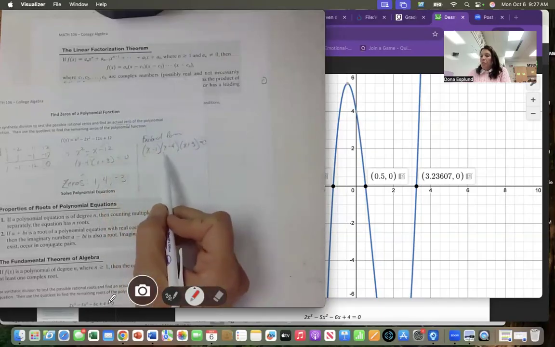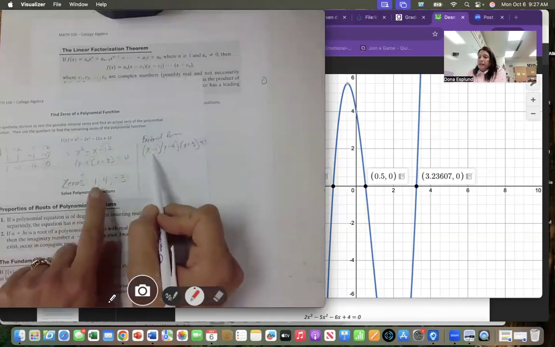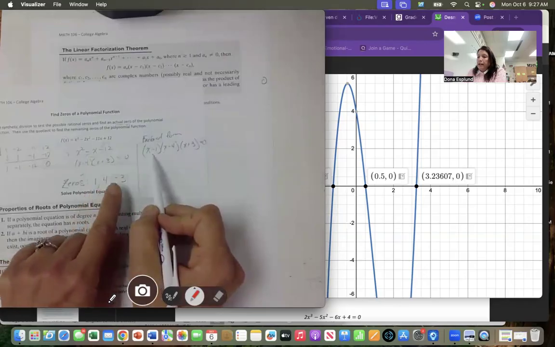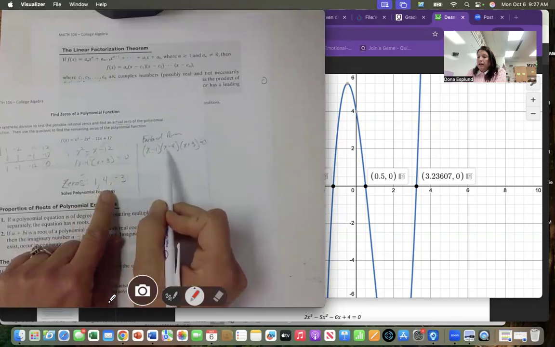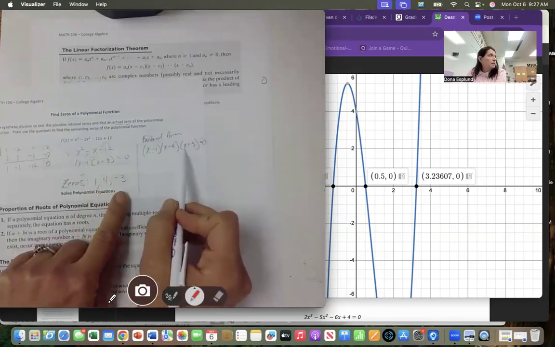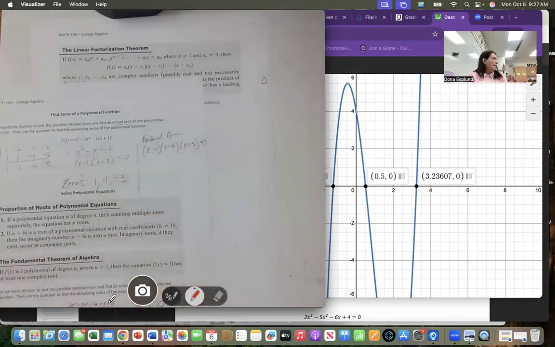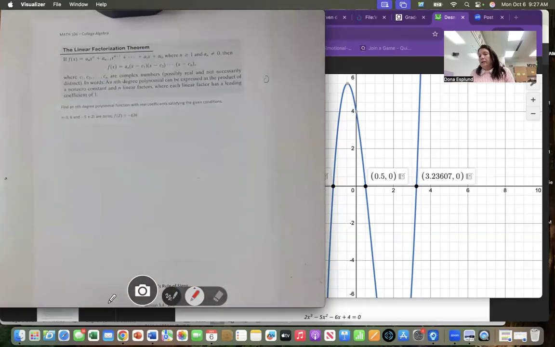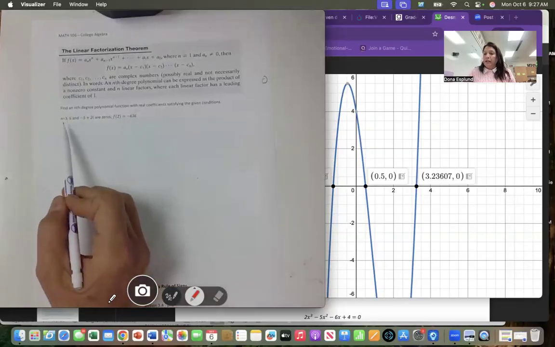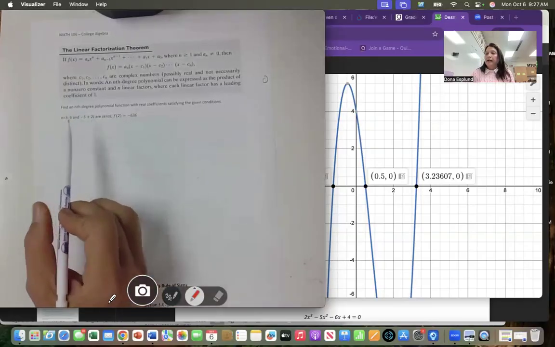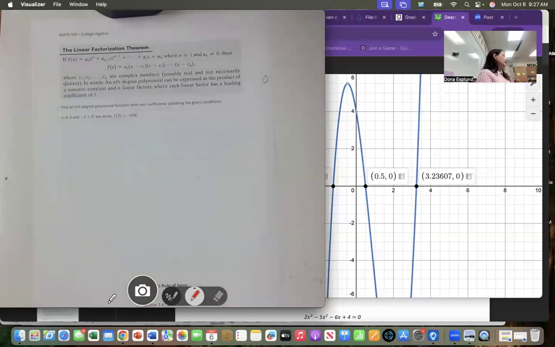Remember, when I had zeros of 1, 4, and -3, I had x minus 1, x minus 4, and x plus 3. It looks like the opposite in the factored form. So if I know the degree and some of my zeros, I can actually find my original equation.